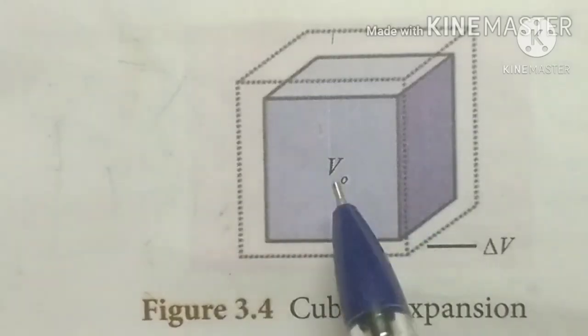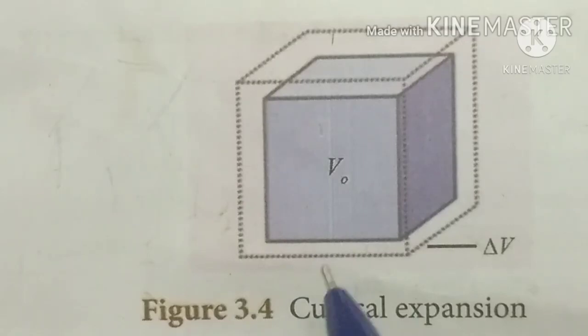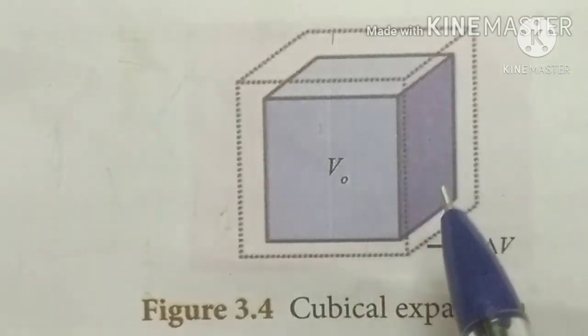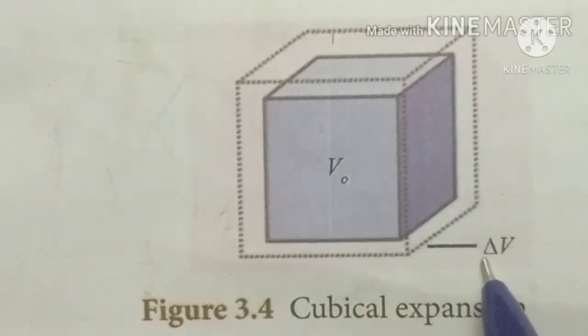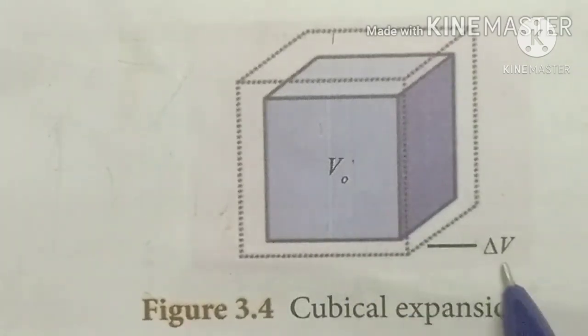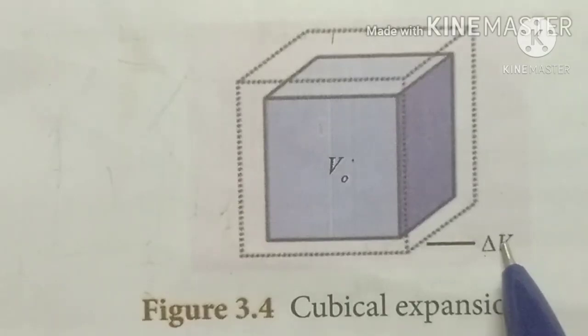Here V0 is the original volume of an object. After heating, the volume expands, so delta V is the change in volume.